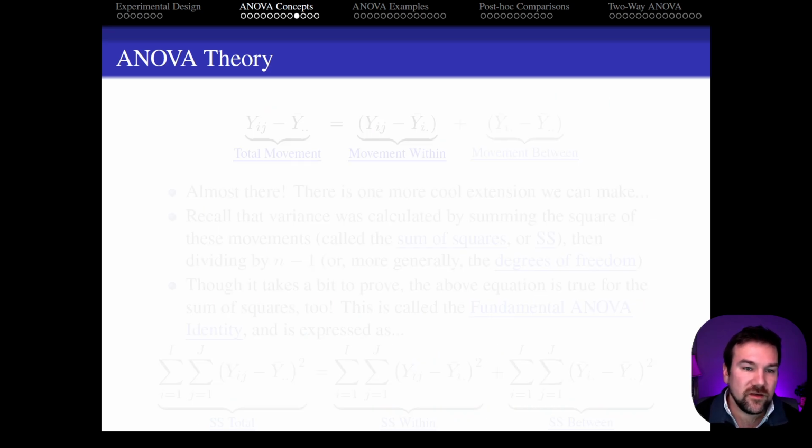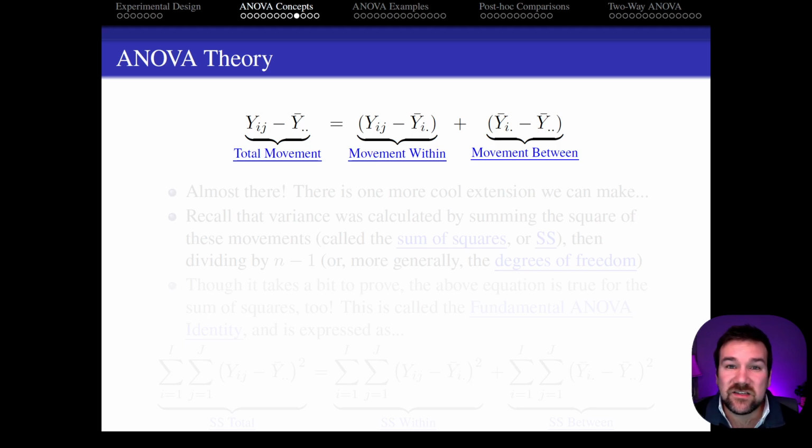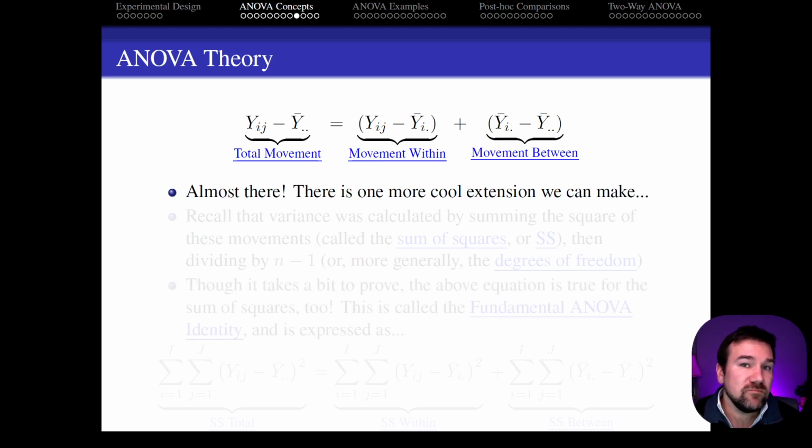This equation gives rise to this concept that the total movement in data can be broken down to the movement within a group, that is the data point's distance from its group mean, and the movement between the groups, that is the group mean's distance from the grand mean. Essentially, this is the movement equations and the components of movement that relate to the visual component that we were talking about earlier, where we wanted to assess the difference between the movement between the groups and the movement inside of each group.